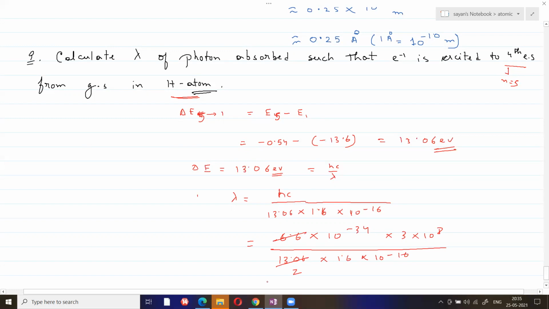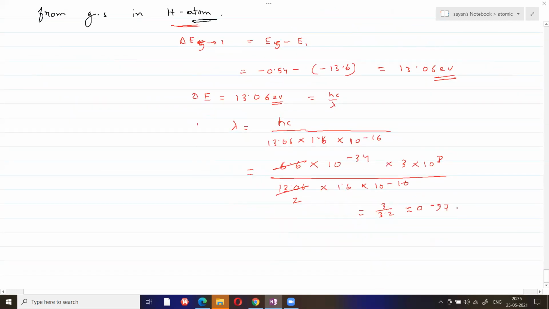When you calculate, this becomes almost 0.97 into 10 to the power minus 34 plus 8 plus 19. So 0.97 into 10 to the power minus 10 meter, which equals 0.97 angstrom. Is it clear? Any doubt regarding this part?